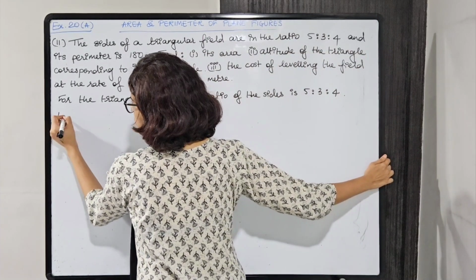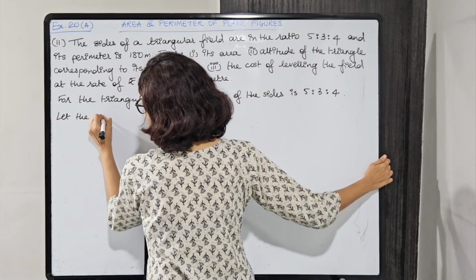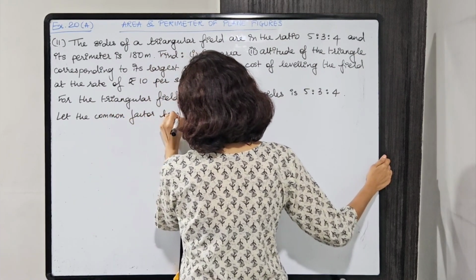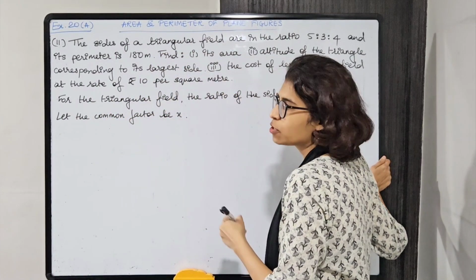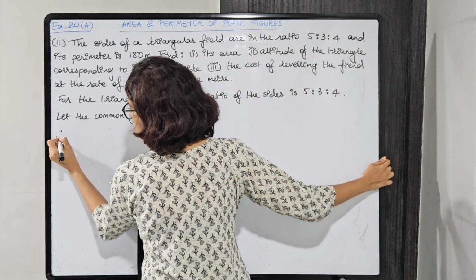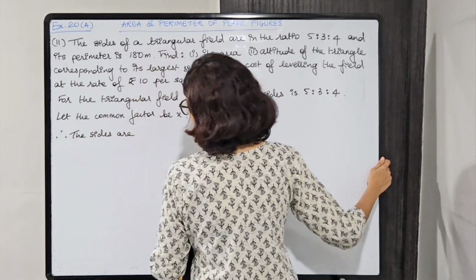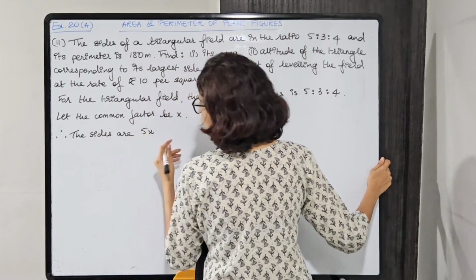So write down, let the common factor be x. So what will the sides be? Therefore the sides are 5x. What is the unit?